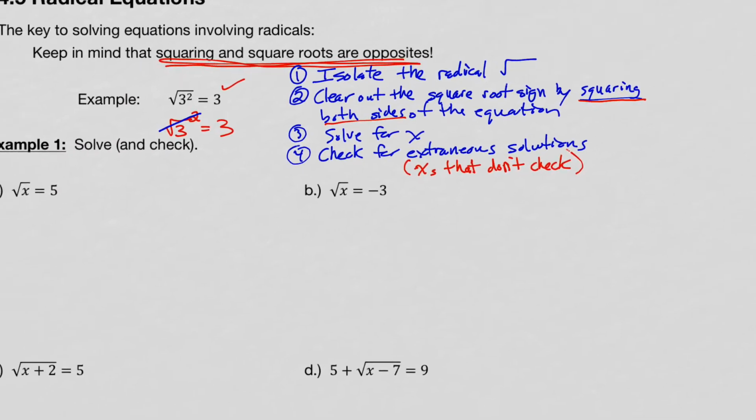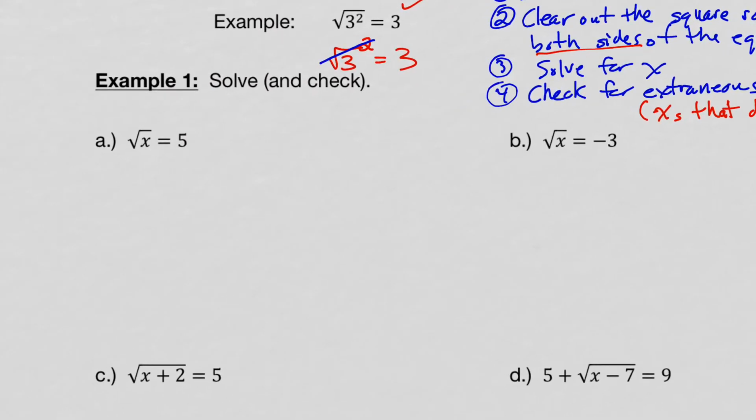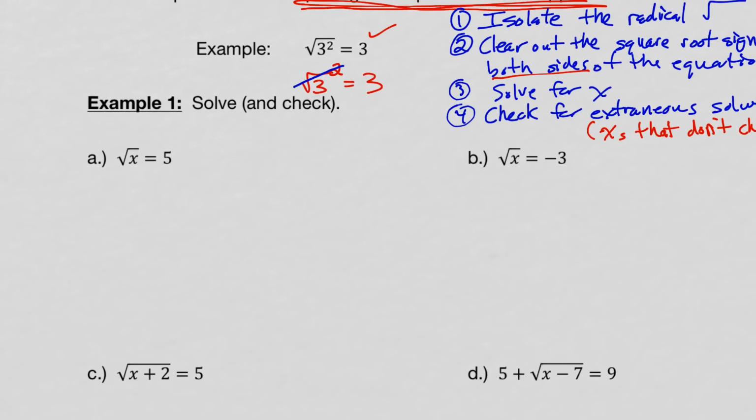Let's see a very basic one. Here, step 1, the radical is already isolated. It's by itself. So we just need to go to step 2, which is to square both sides. That's going to give us x equals 25. That's it. One step and we're done. However, we need to check for extraneous solutions.